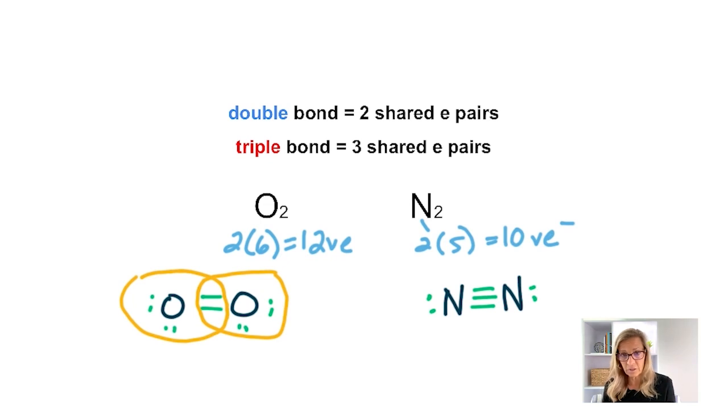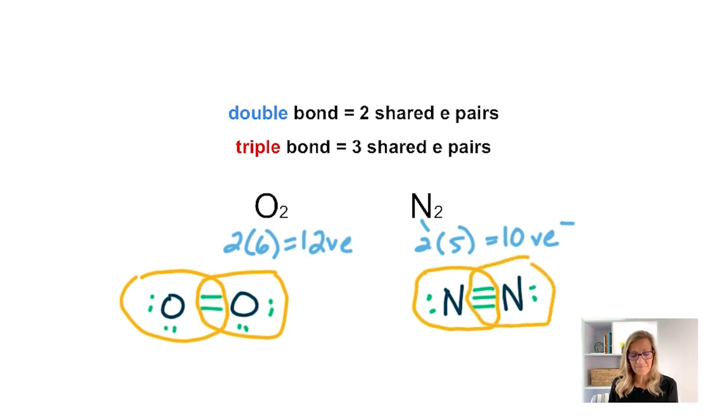So here's the deal. You've got to slide those electrons around so that everybody has 8. Okay, you can't just sort of add electrons. Like 12 or 10 electrons is all we have to deal with here. And so let's check. There's 6 shared plus 2 more, so that's 8. 6 plus 2 is 8. So those are examples of double and triple bonds.